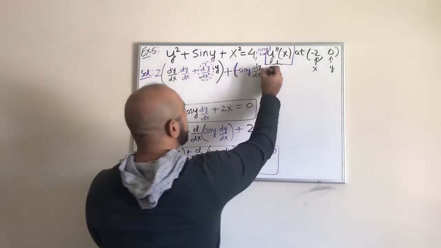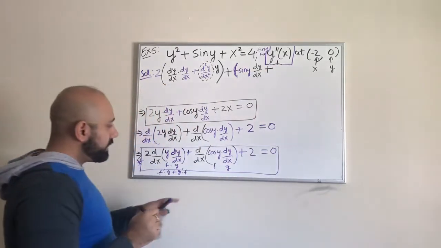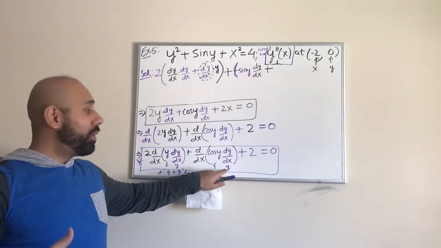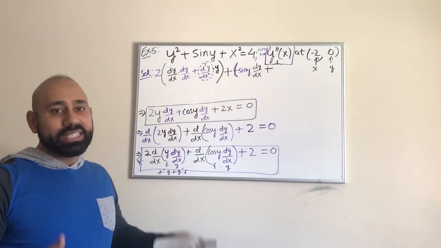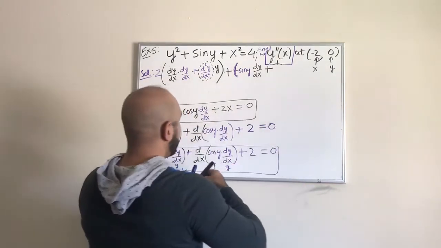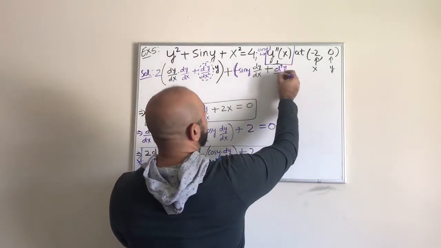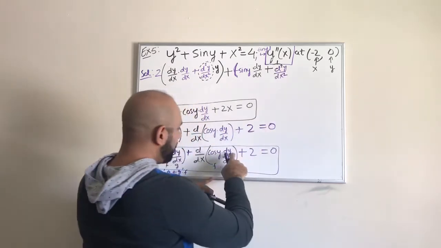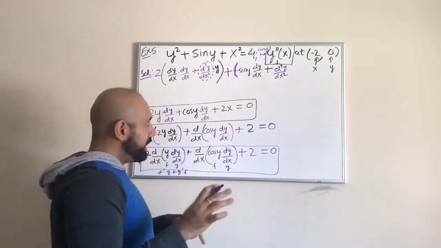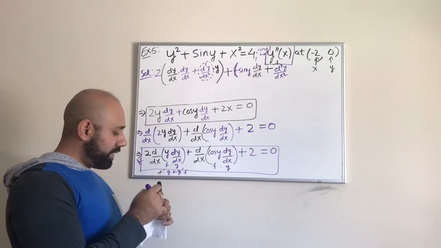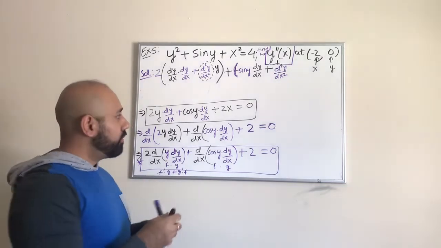And then there's a plus. Then I have to do the g prime. G prime again is taking the derivative of the derivative, which means we are going to get the second derivative. Let me write that: d2y over dx2. That would be the derivative of this already dy over dx function, but then one has to multiply again by the f function, which is just the cosine of y.